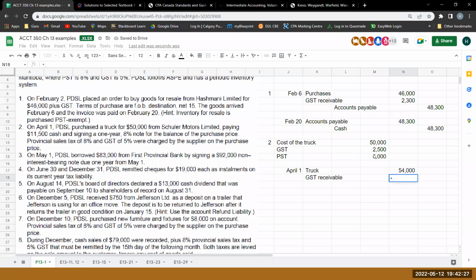So GST is 2,500. The total price, including GST, PST, and everything, is 56,500. We paid cash of $11,500, so credit cash 11,500. And for the rest, $45,000, we have signed a note payable. Credit note payable for the rest, $45,000.